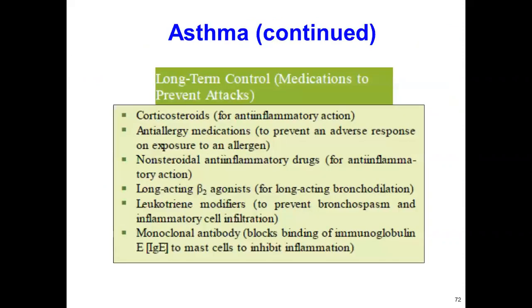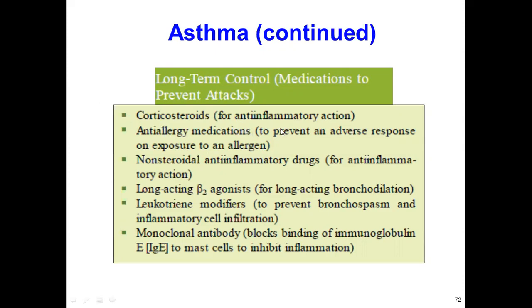What else? For long-term control, we use corticosteroid, right? Corticosteroid like methylprednisolone or prednisone to decrease airway inflammation.